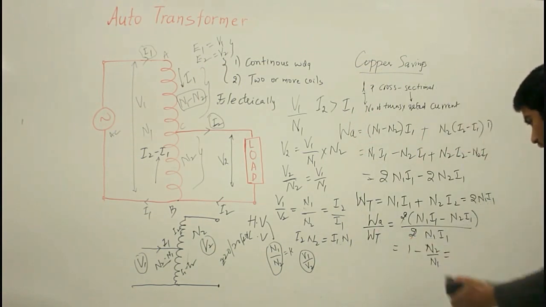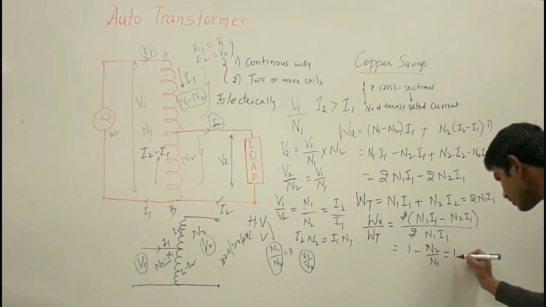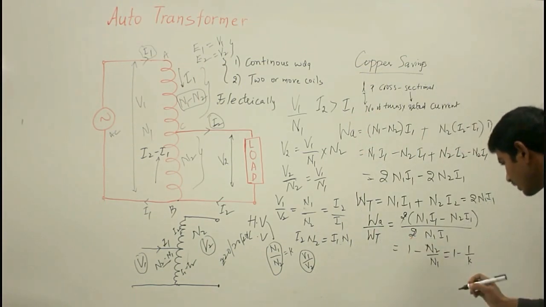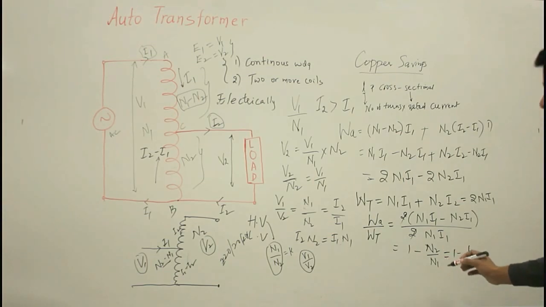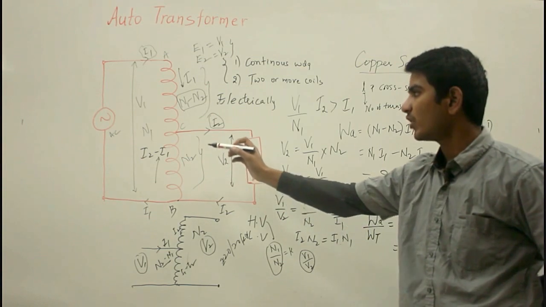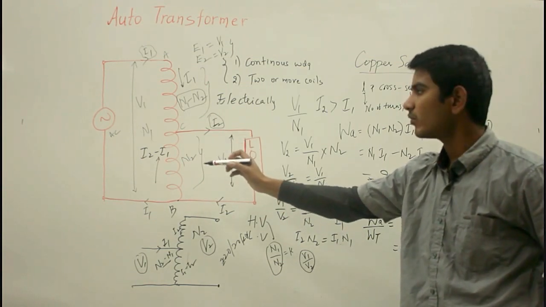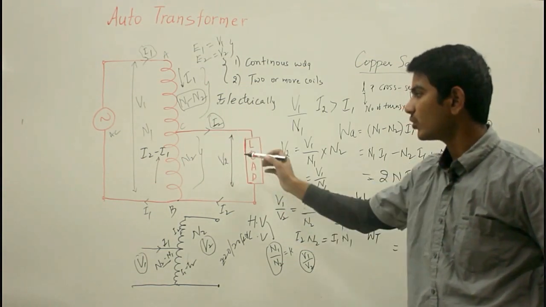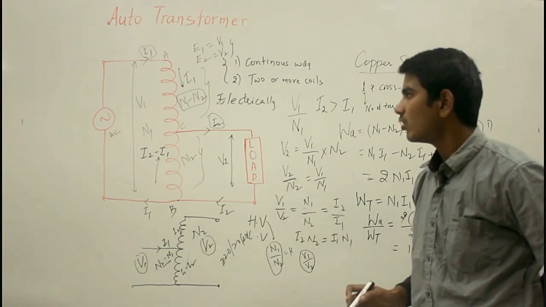Now from this I can take 1 minus 1 upon K, because K is equal to N1 upon N2 as we are going for step down transformer, where N1 is the number of turns in the higher voltage and N2 is the number of turns in the lower voltage.